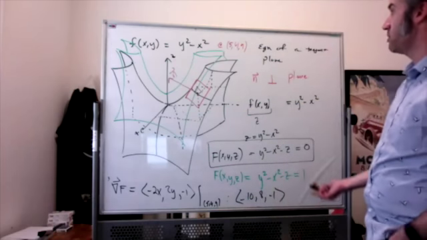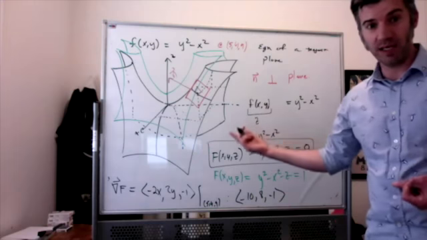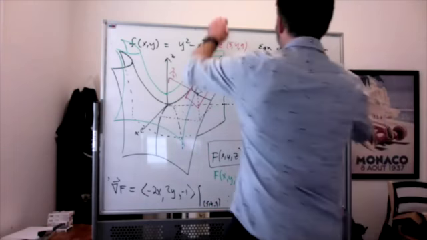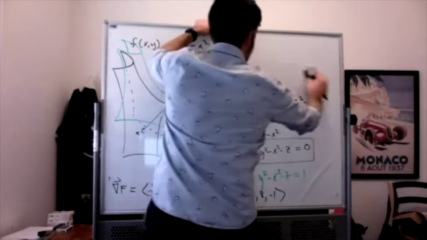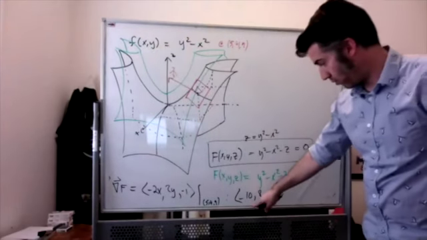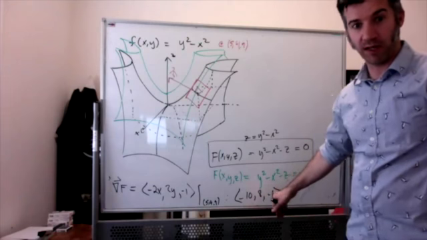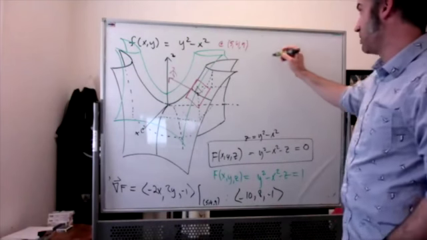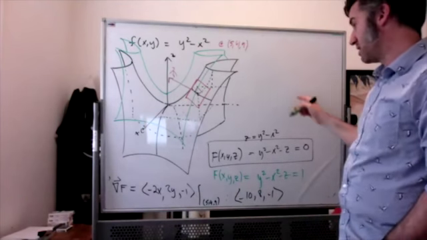So now to find the equation of the tangent plane, we're going to use those coefficients for x, y, and z. So the equation of our tangent plane is going to be, and I think the easiest way to do it is to do it this way.